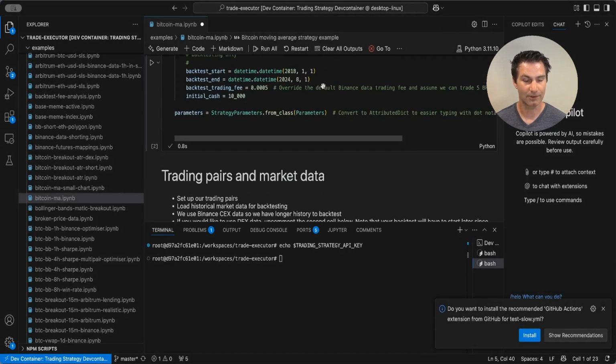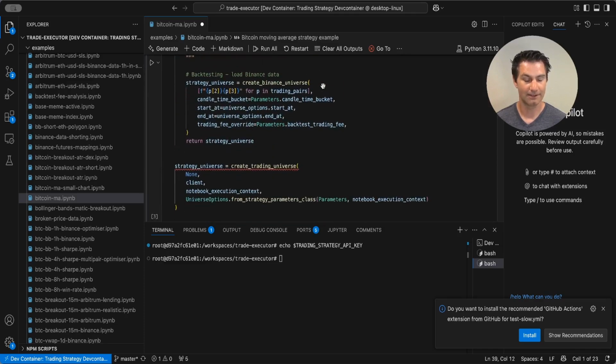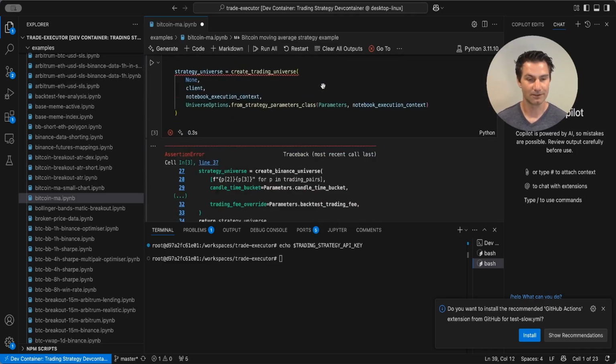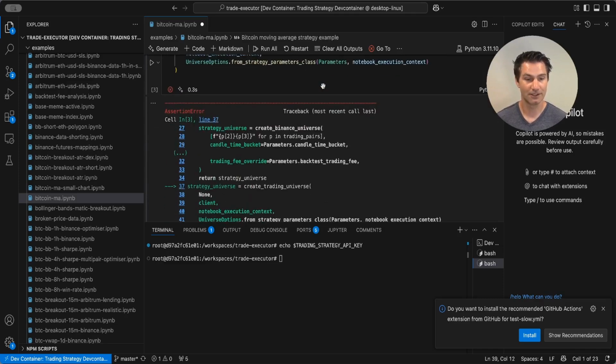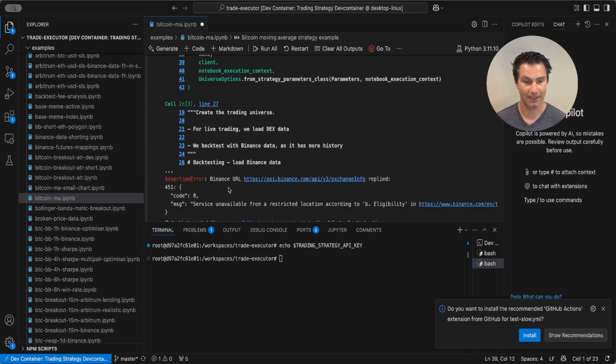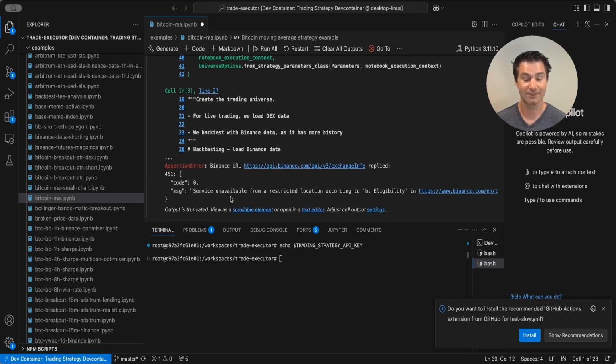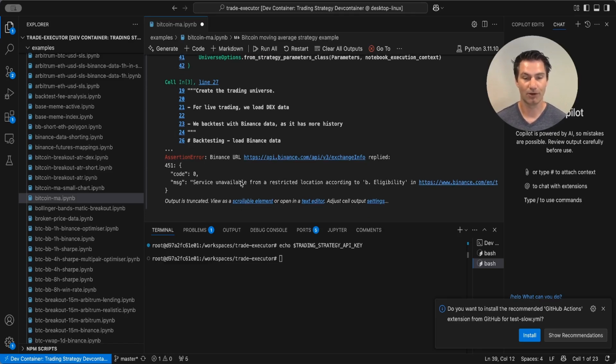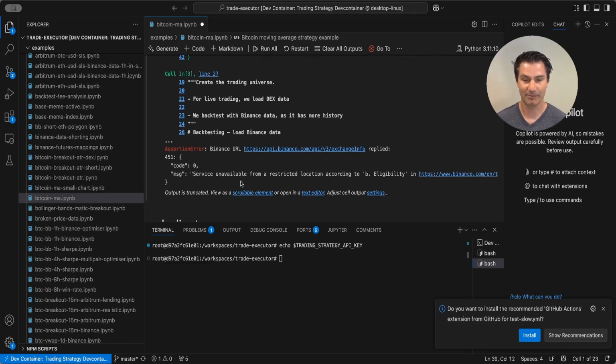And now we're here. Okay, excellent. And now, okay, there is an issue. Looks like Create Trading Universe is failing. And it looks like, okay, assertion error, Binance URL replied, service unavailable from a restricted location according to eligibility. So let's see if we can't work around that and get this backtest running.